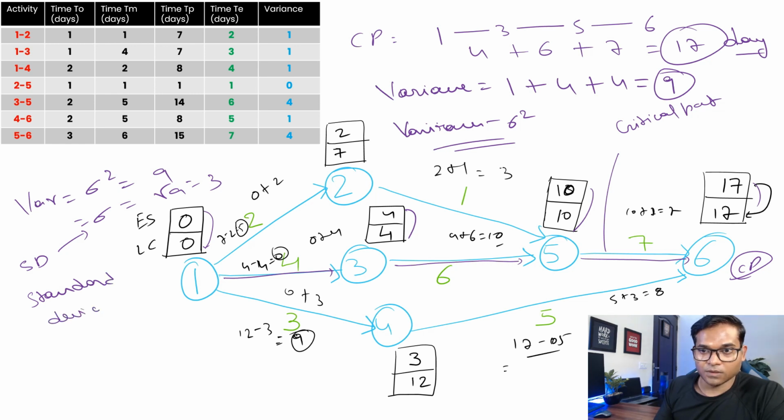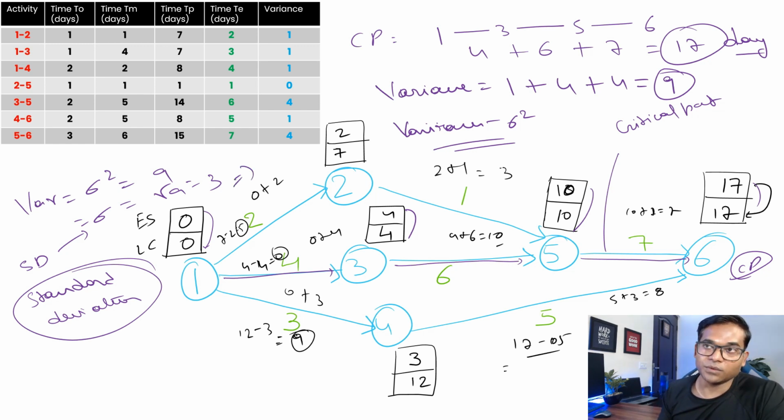And that was the whole purpose, to utilize the PERT formula to find these variances utilizing the beta distribution. So now we have standard deviation, which is 3, and we have the most likely project completion duration, which is your 17.